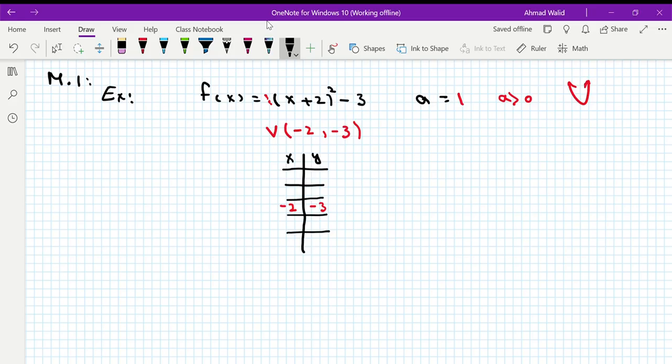Now choose few numbers greater than -2 and few numbers less than -2. Correct? If here is -2, I can choose here -1 because -1 is greater than -2. And here I can choose what? 0. You see, I can jump. I can immediately choose -2, 0, 1. But I went in a kind of order, right?